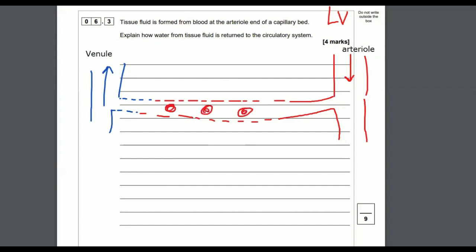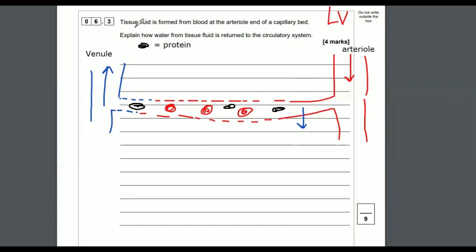So as the blood comes down, it contains red blood cells, plasma proteins, and all the things you'd expect in the blood, water, glucose, and that kind of stuff. Now, the high blood pressure created by the left ventricle is going to force small molecules out on the arterial side. But this question is asking us, how does water return from the tissue fluid to the circulatory system?